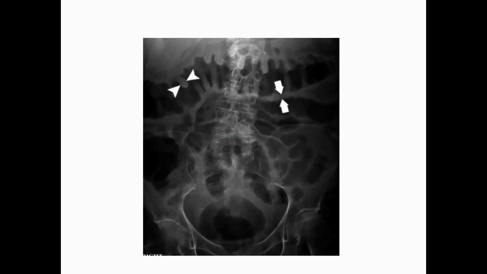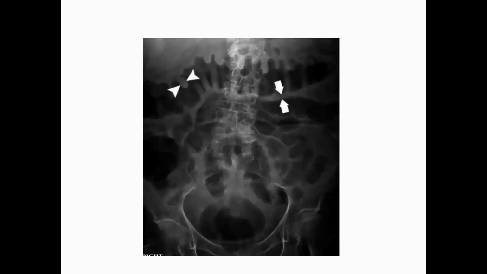So if the patient presents with features of abdominal pain, there's a screening of the patient with inflammatory bowel disease. So other than the blood picture, you need to do an abdominal X-ray to exclude megacolon or features of colitis.